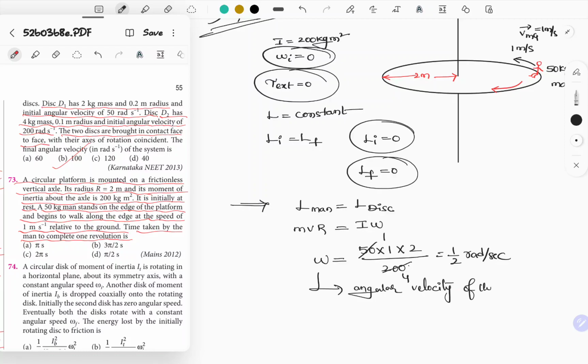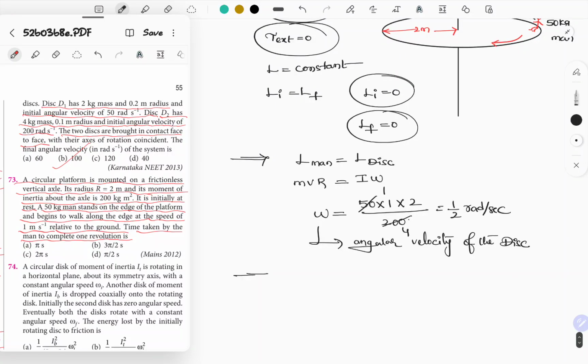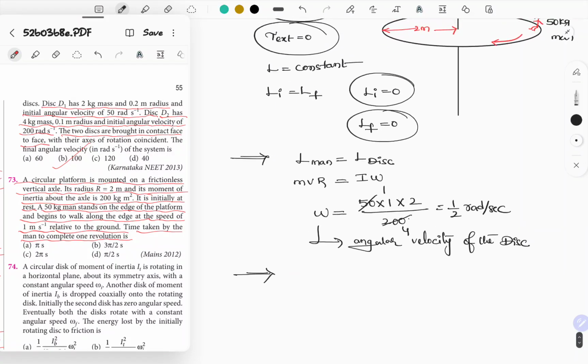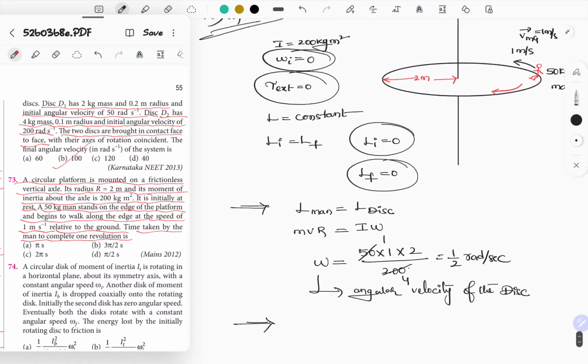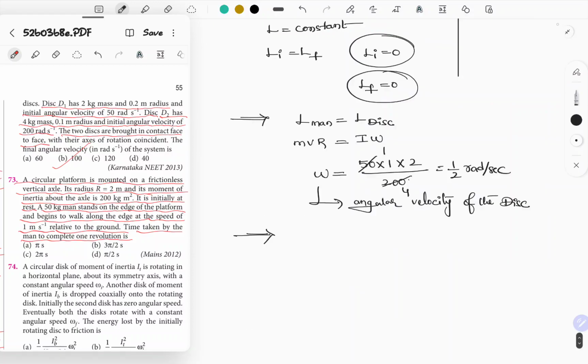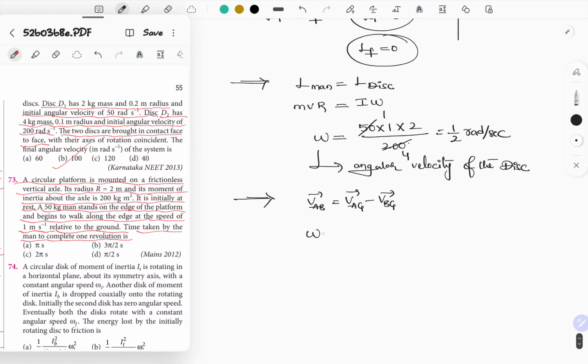Okay, so I know the angular velocity of the disk. Let me find out the angular velocity of the person with respect to the disk. We know the relative velocity formula: relative velocity V AB is equal to velocity of A with respect to ground minus velocity of B with respect to ground. The same formula you can apply for rotational angular velocity also.